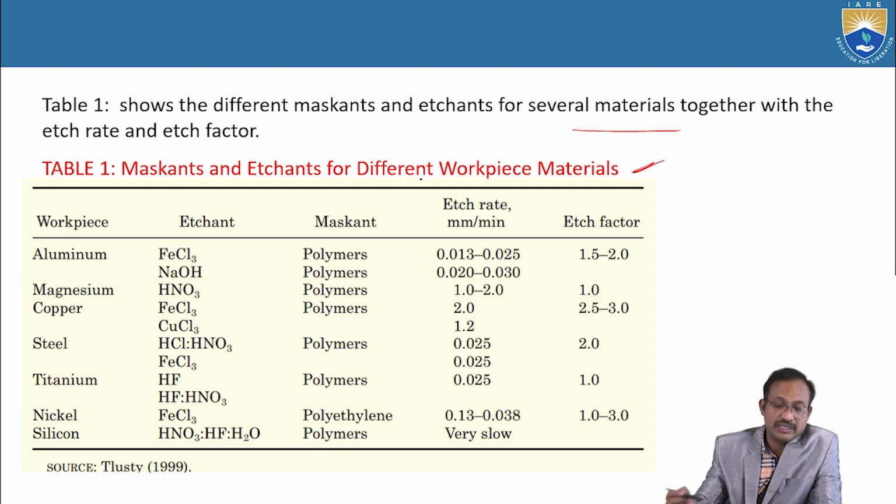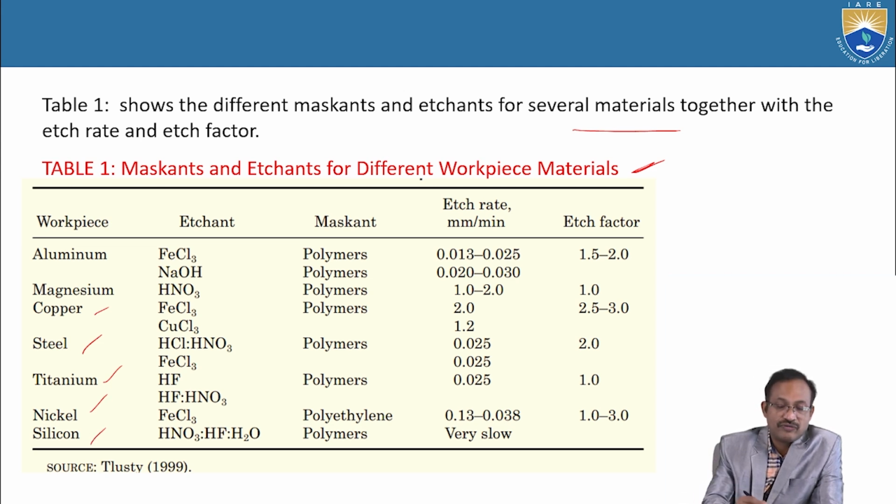Let us see: workpiece, etchant, maskant, etch rate in millimeters per minute, and etch factor. Now let us look at the various workpiece materials: aluminium, magnesium, copper, steel, titanium, nickel, silicon.